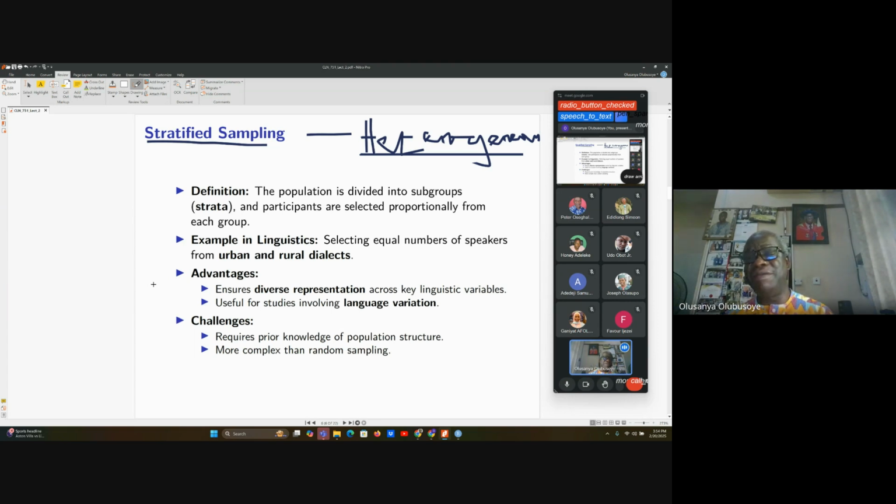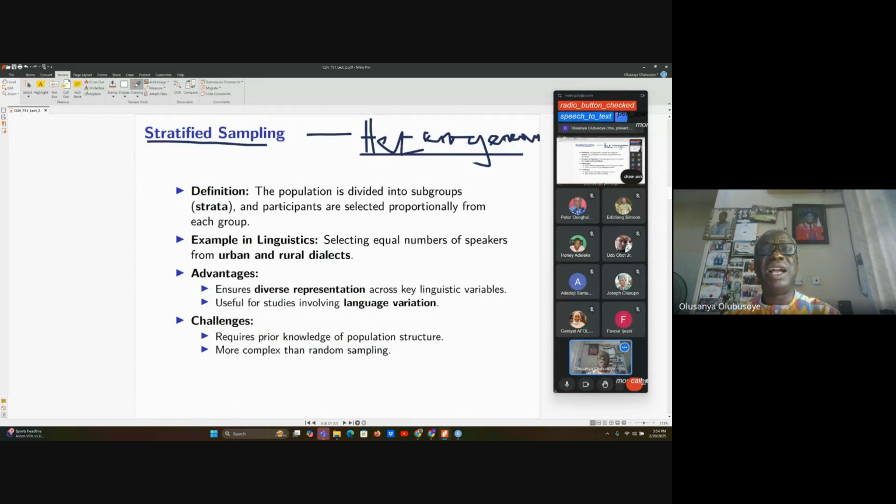You can employ simple random sampling there. But when you have a metropolis like this, where you have Hausa community, Igbo community, Yoruba, the indigenous, the real, those settlers and so on, you might have to consider stratified sampling.